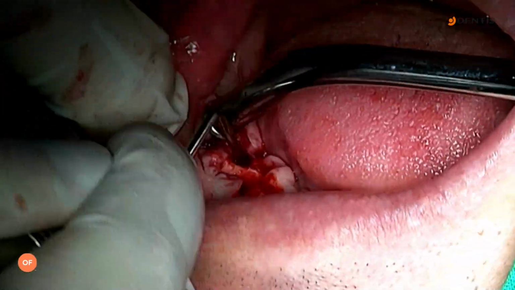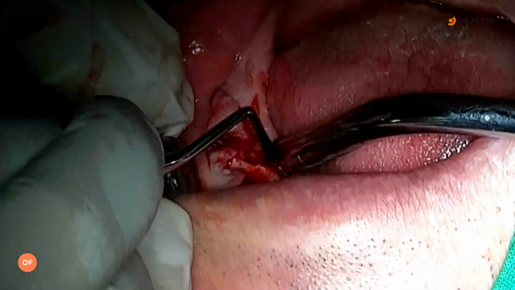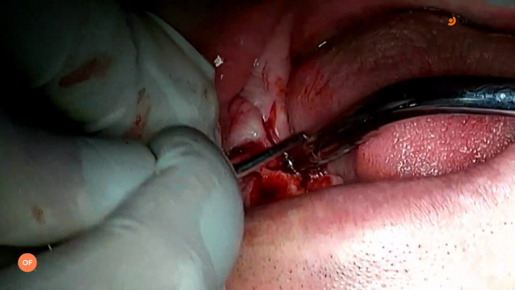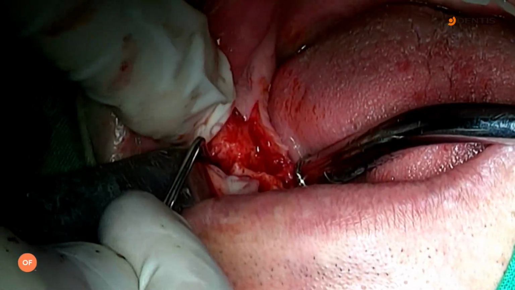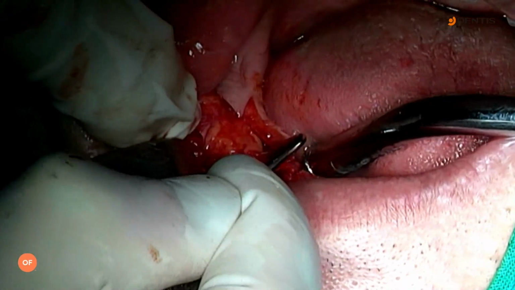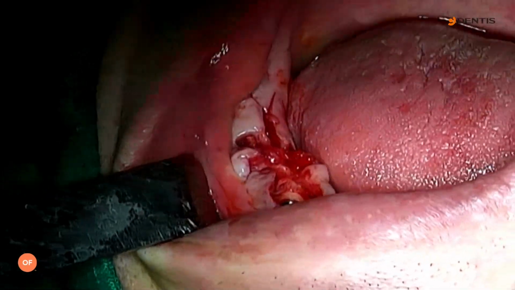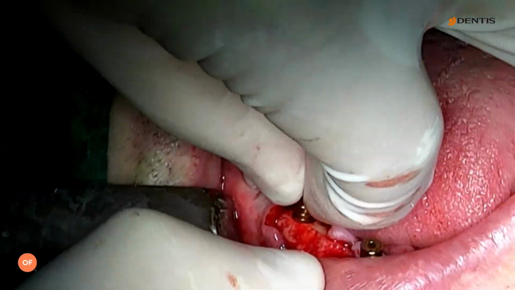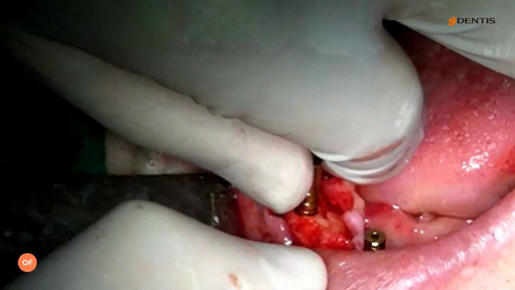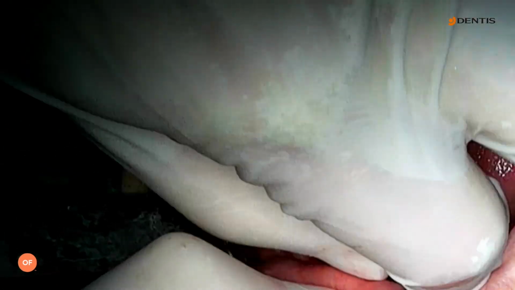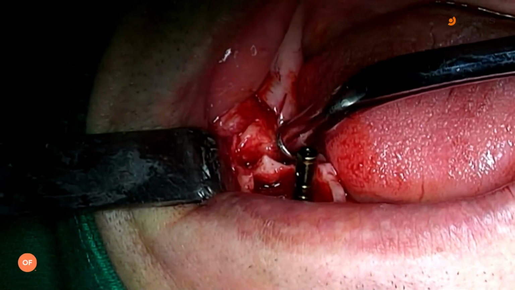I'll remove some of the granulation tissue. Okay, this is the septum area here. I want to keep this angulation. Okay, first drill, side cut.